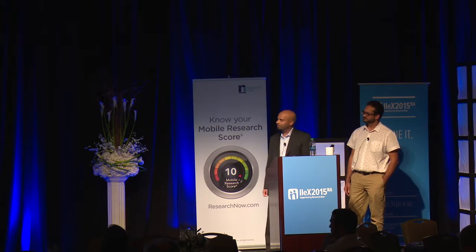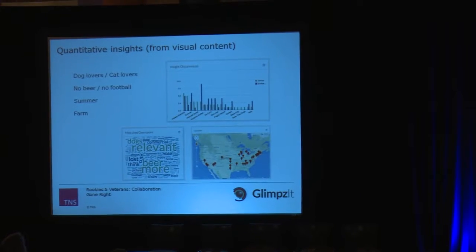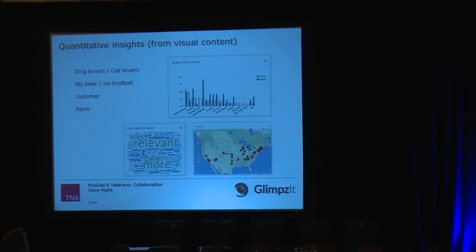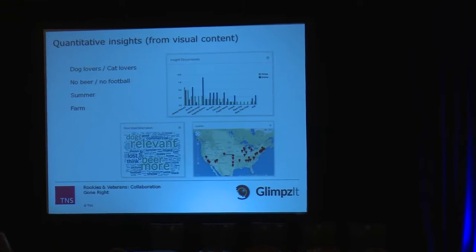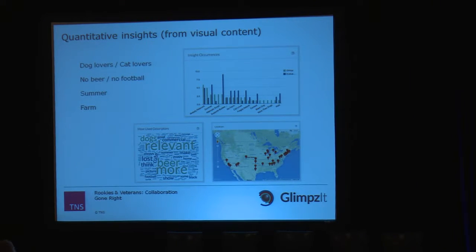But to Adhil's point, the key benefit was really around translating the data that we got into a quantitative analysis. And the way that we do this is, like I alluded to, we use computer vision to do what I call the what tagging. It's basically going through images and understanding the contents of those images.